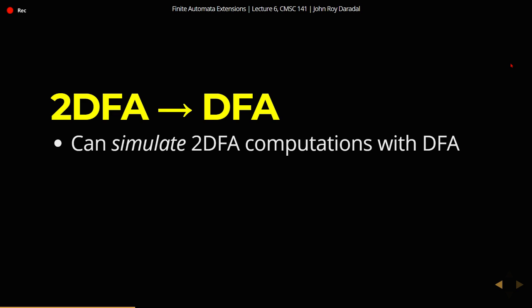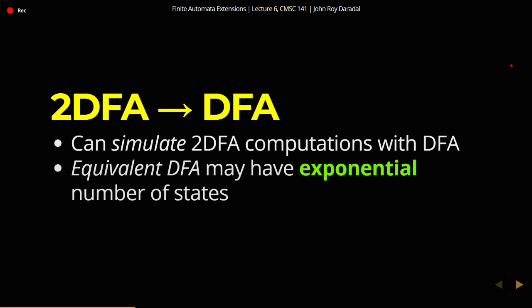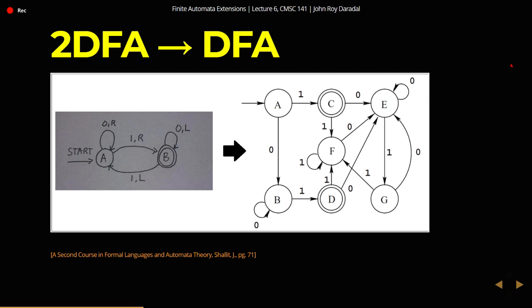Now, we can also simulate the 2DFA computations with a DFA if you want to. However, in the conversion, the equivalent DFA could have an exponential number of states. So in the given example earlier, this was our 2DFA. If we write the equivalent DFA, it would look something like this. Now, we won't discuss how to convert from 2DFA to DFA, but just know that it is possible.